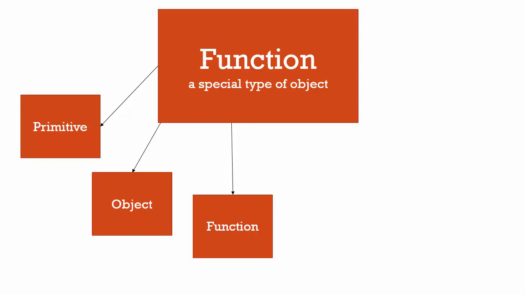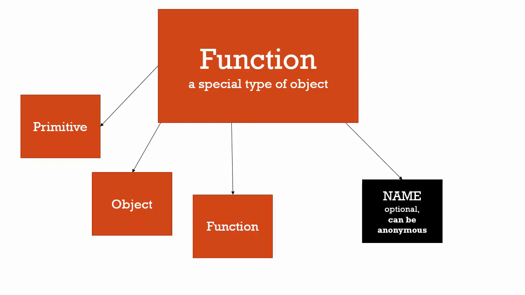In JavaScript, though, the function object has some hidden special properties. Two important ones are its name. Now, a function in JavaScript doesn't have to have a name. A function then can be what's called anonymous. Anonymous meaning it doesn't have a name, but it can have a name.